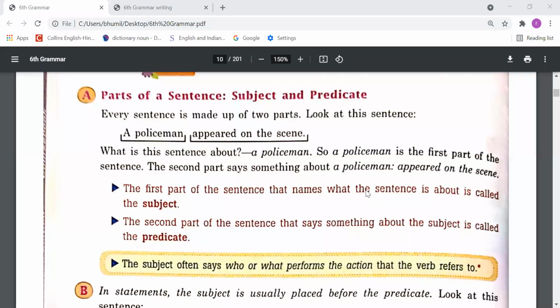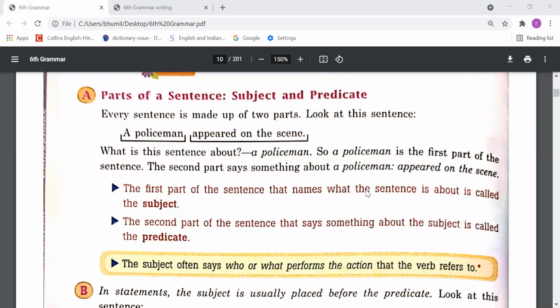So now let's understand in simple words what a subject is and what a predicate is. About whom or what we talk in a sentence, that part is called the subject. And what is said about the subject, that part is the predicate. Suppose I say "A fan is going on." We are talking about a fan, right?